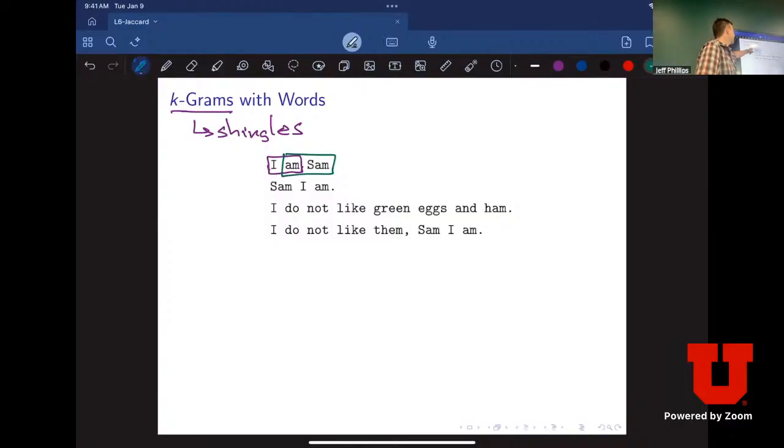In the second document, I have Sam I, and I also have I am. So it shares the I am, but the Sam I and the am Sam are different. Now if I look at these shingles, these documents are no longer the same. These are k-grams of length 2, so there are 2 words in them.